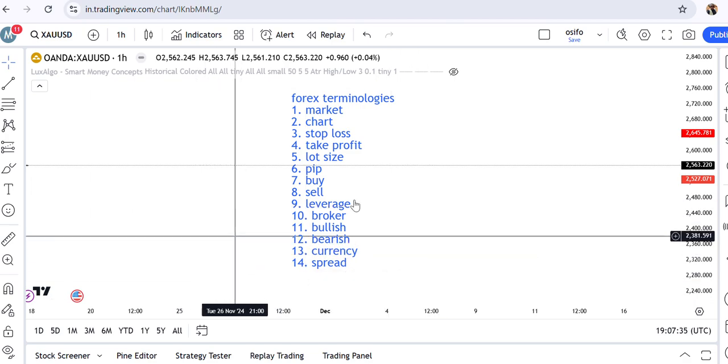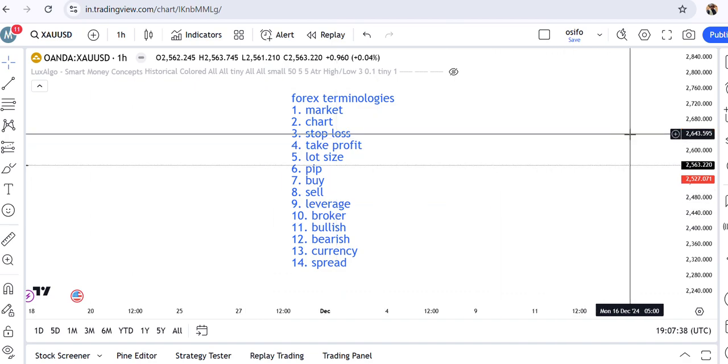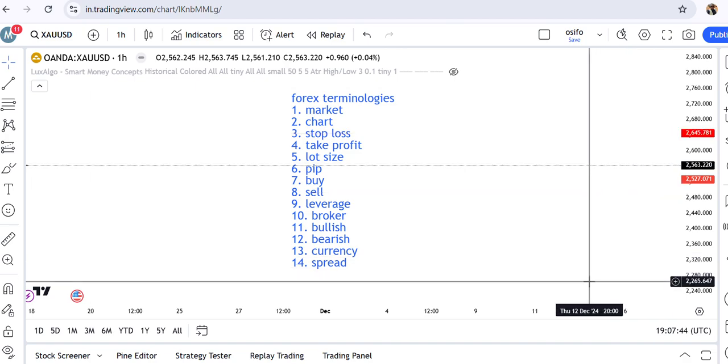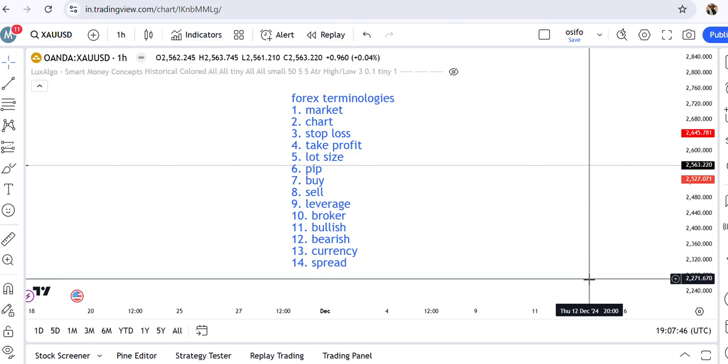It is good to know all of this so that when people start gisting about forex trading, you'll be able to participate and understand what they are talking about. Number one on our list here is the market. When you hear the market, what does it mean?